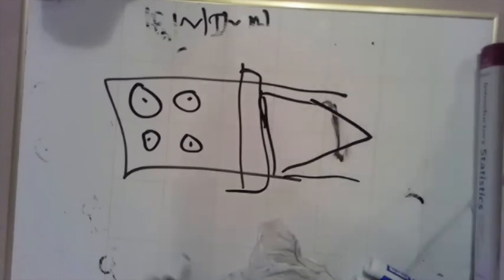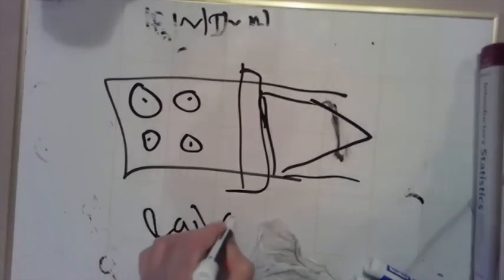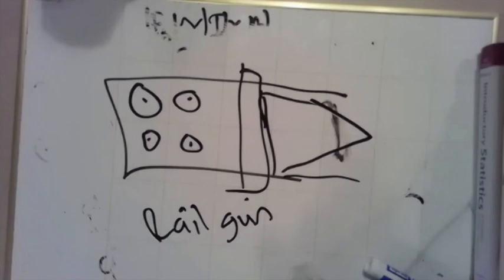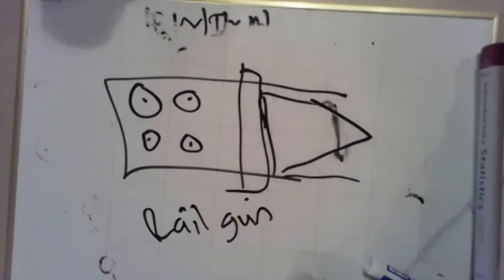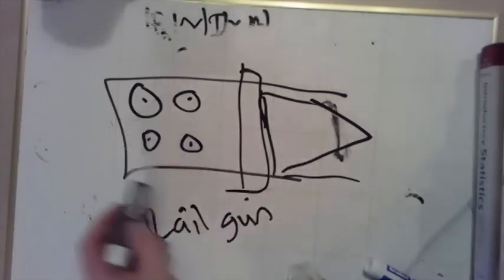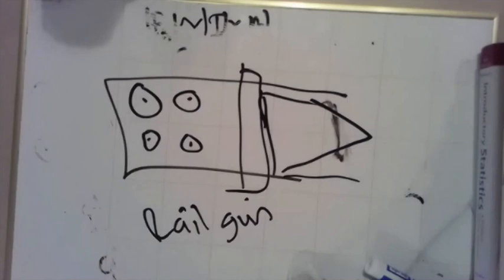It's called a rail gun. These can be incredibly powerful. You can shoot huge, massive projectiles at incredible speeds just by using a changing magnetic field.